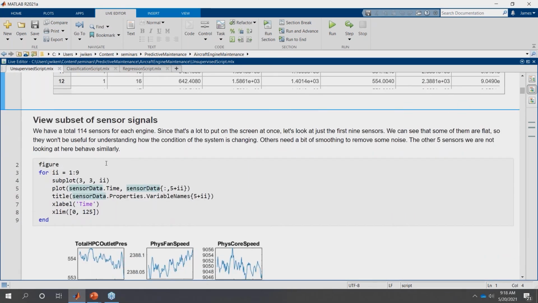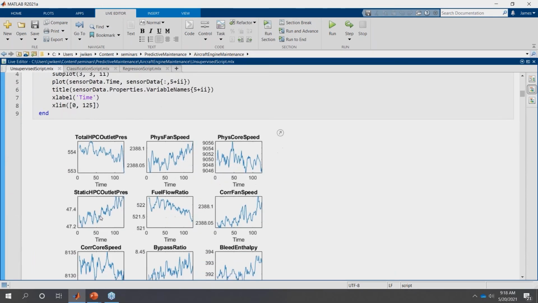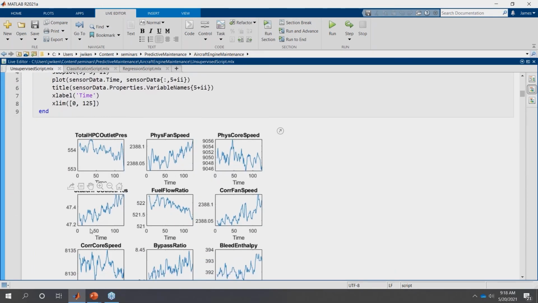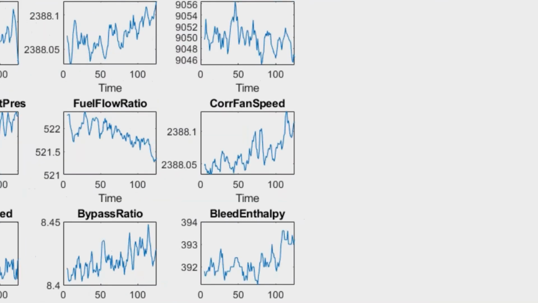Now, first thing we need to do, we can look at what we have, but really we want to get a sense of, is there any sort of change? Is there any sort of trend that we can pull out of these sensor values? Because if they just stay flat or if they're very noisy throughout, then it's going to be very difficult to see if they evolve over time.